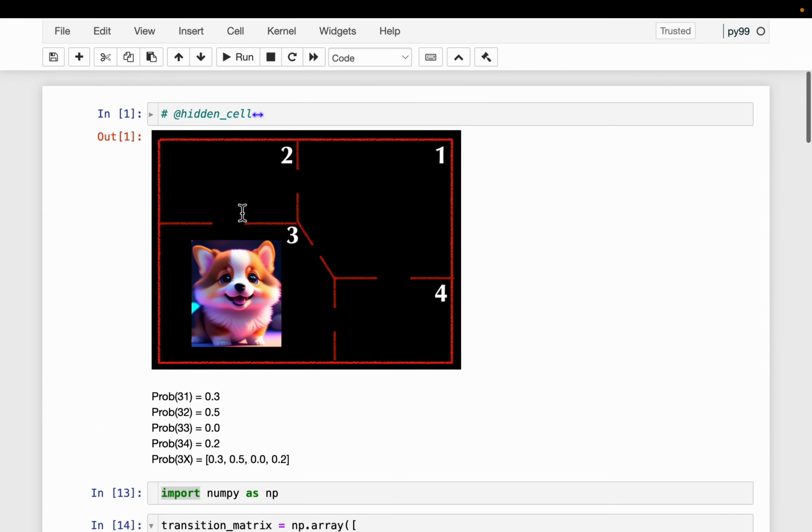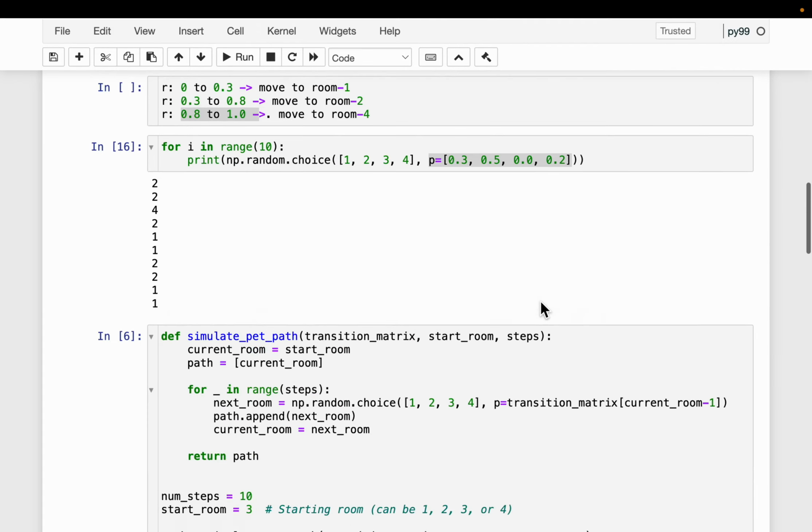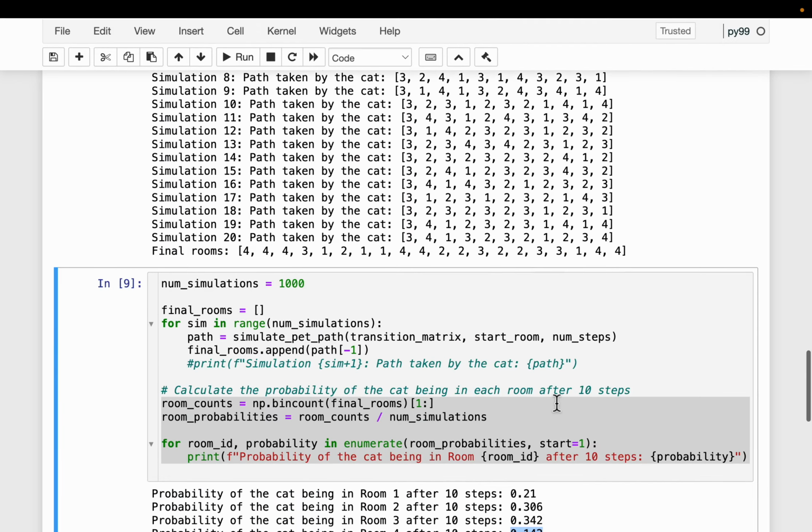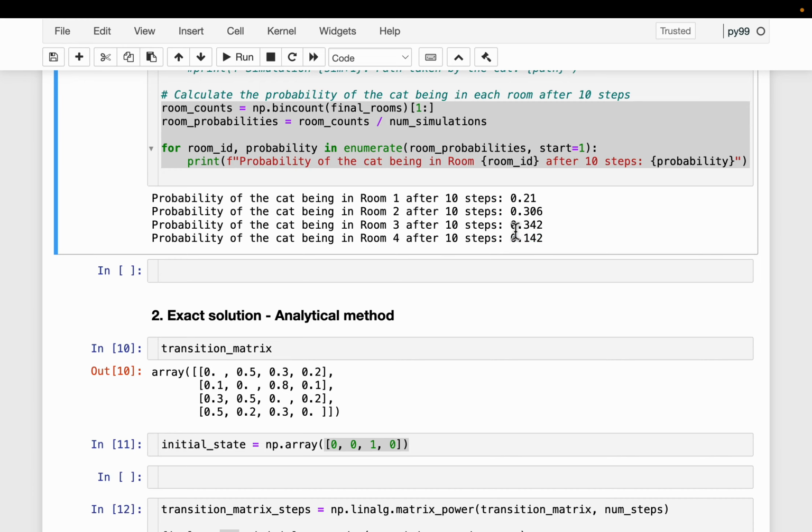So to answer this question, after 10 steps the pet is more likely to be in room number 3 and least likely to be in room number 4. There is double the chance that it will be in room number 3 compared to room number 4. So the final response is also in terms of these probabilities.